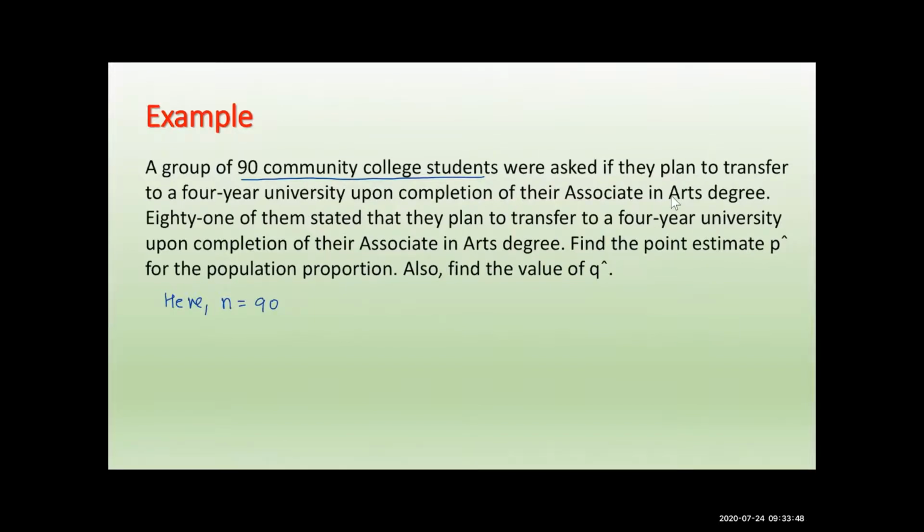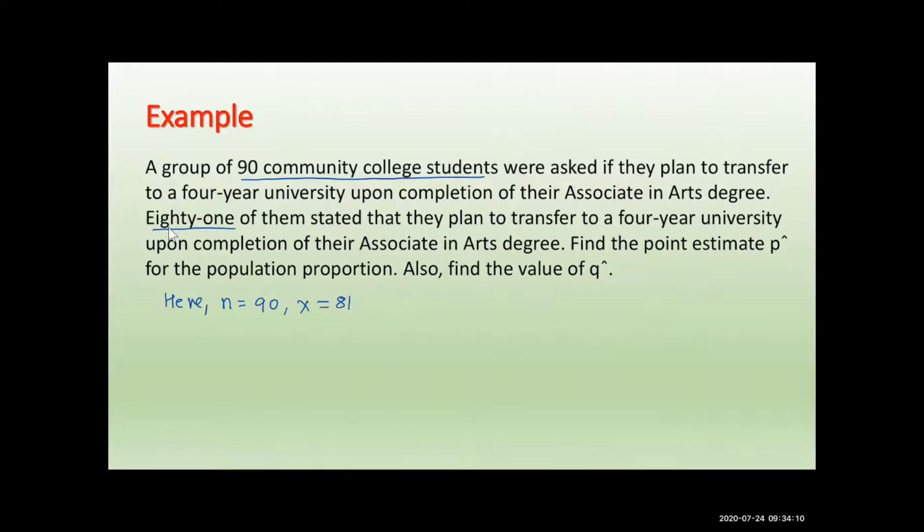So when you ask them whether they are going to transfer to a 4-year university after completing their associates in arts, 81 of them stated that they plan to transfer to a 4-year university. So you can see here, 81 of them are willing to transfer. So X equal to 81.